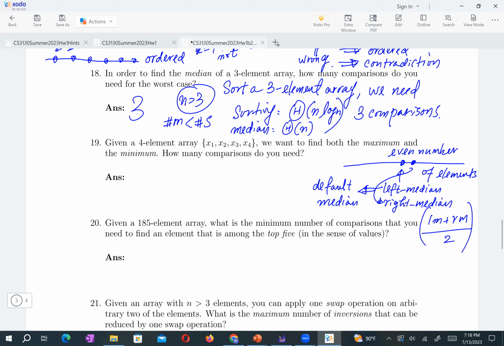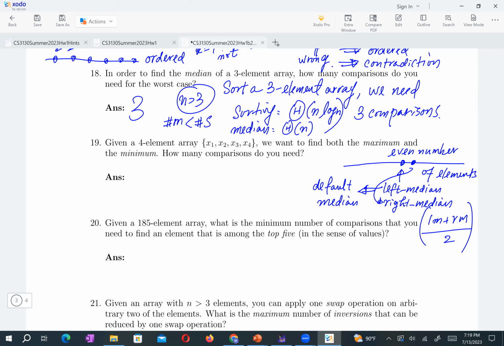We don't use that, because if you use that, this number won't be any element in the array. Median, we mean it must be some element in the array. It cannot be an element outside of this array. So that's why we don't like this definition.